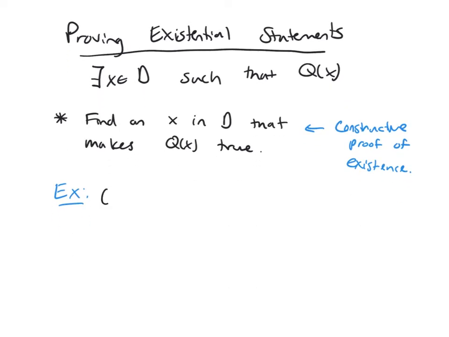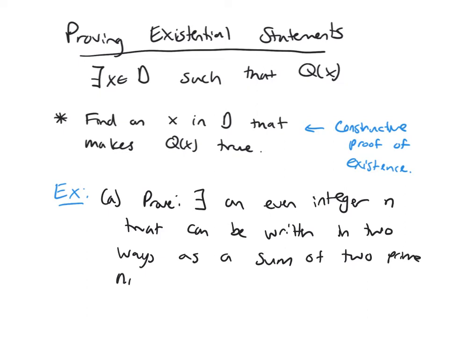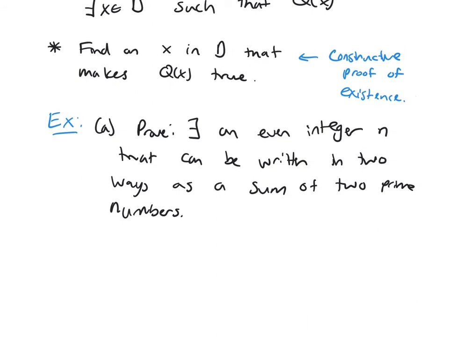We'll do 2. So the first one, prove there exists an even integer n that can be written in 2 ways as a sum of 2 prime numbers. So our mission is to find an even integer that can be written 2 ways as a sum of 2 prime numbers.